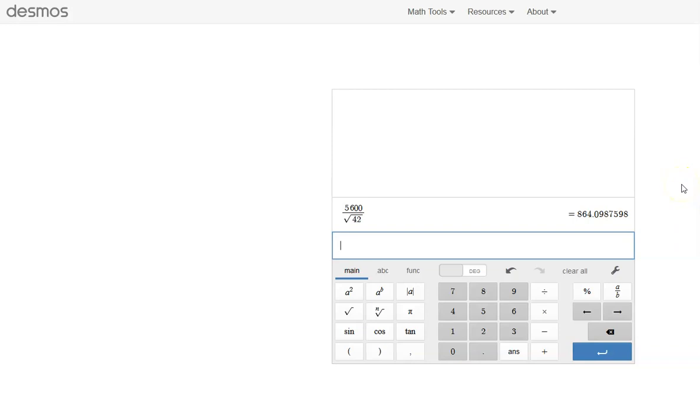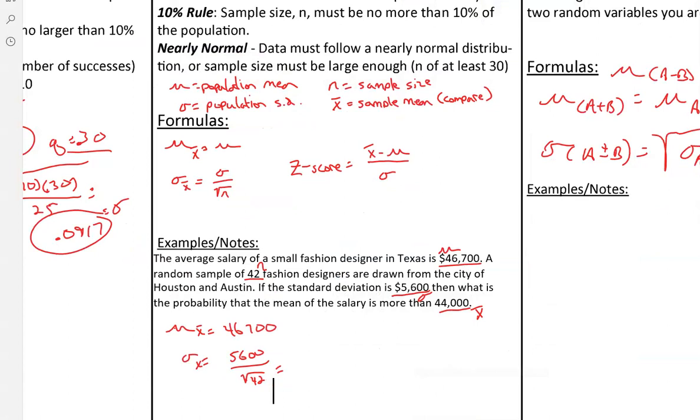And we get 864.0987. We're going to call that 864.099. We'll go 3 digits on that. Go at least 3. I'd probably go 4. Let's do 864.0988.